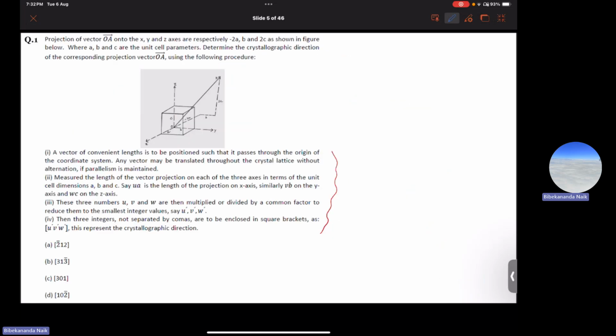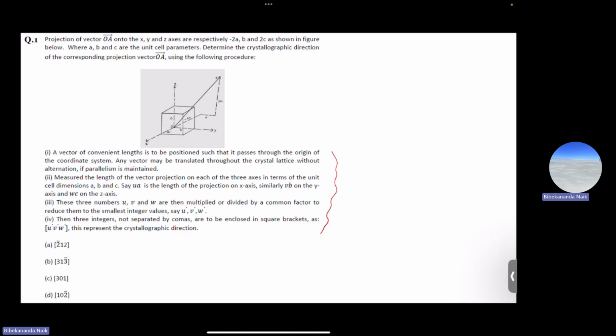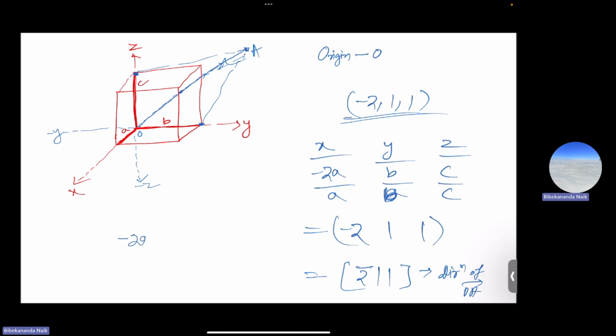If you talk about the procedures, a vector of convenient length is to be positioned such that it passes through the origin of the coordinate system. Any vector may be translated throughout the crystal lattice without alteration if parallelism is maintained. So for this, we will move minus 2A along the x direction, from here to here. This is 2A. Then we will move along the y direction by 1 unit.